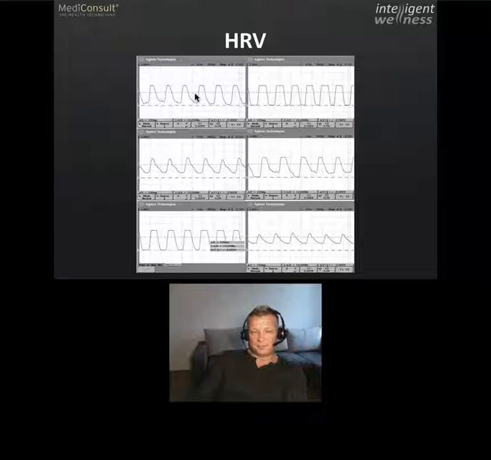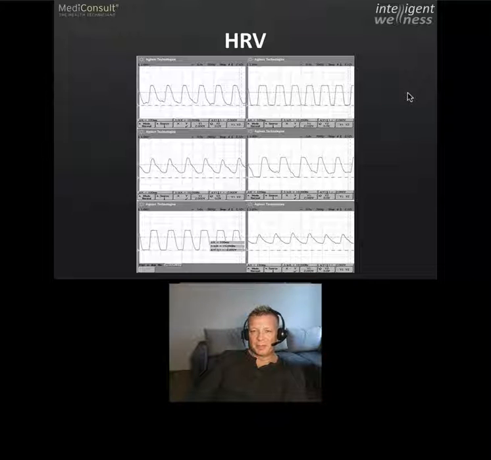This timeline here can be evaluated, and if we have a certain amount of consecutive heartbeats, we are able to compare the breaks between these heartbeats here. And the comparing of these breaks gives us an idea about the so-called heart rate variability.